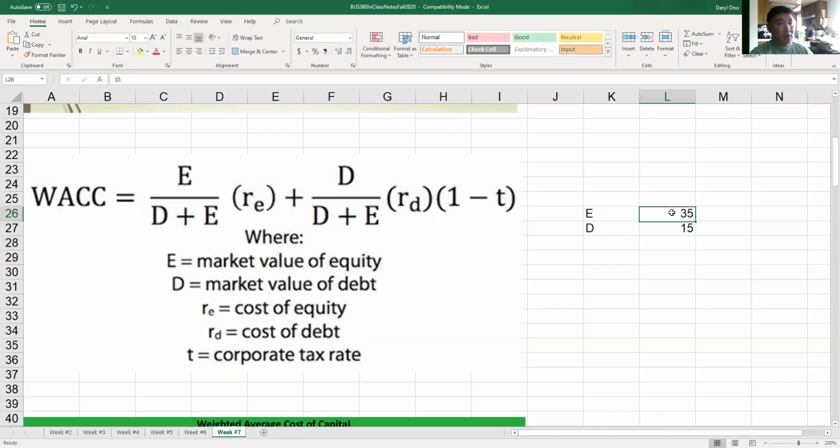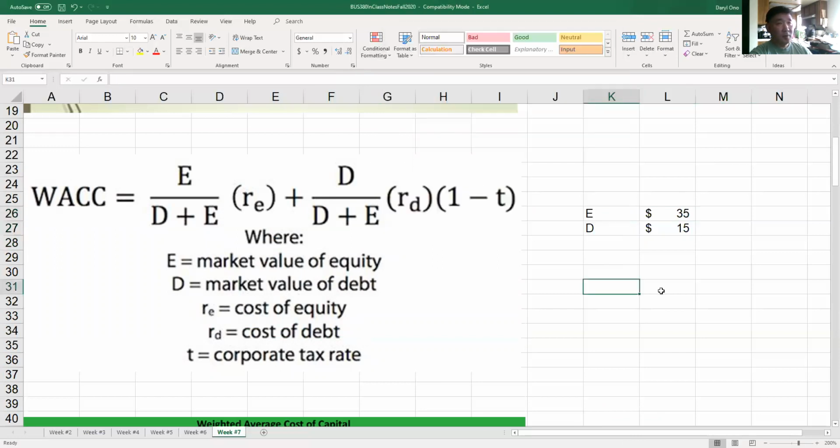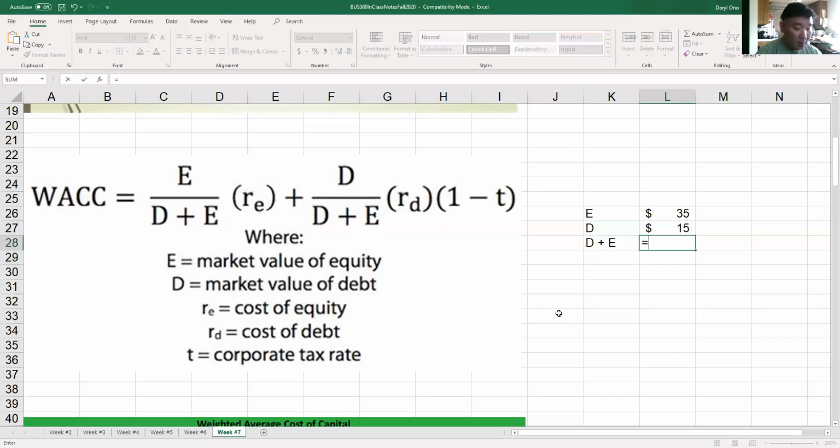We'll put dollar signs on it. So how much total did the company borrow? This is D plus E. So the 35 plus the 15 is 50 million.